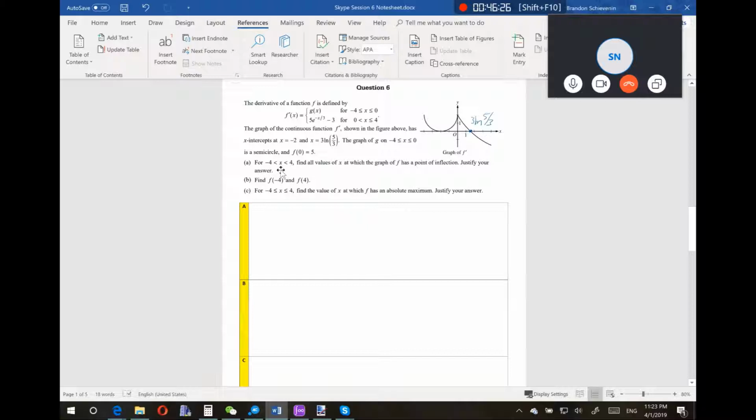First one, I'm told that from -4 to 4, find all values of x for which we would have a point of inflection, and then justify your answer. So if I'm looking for points of inflection, what part of this graph am I going to be looking for? For the maxima and minima.